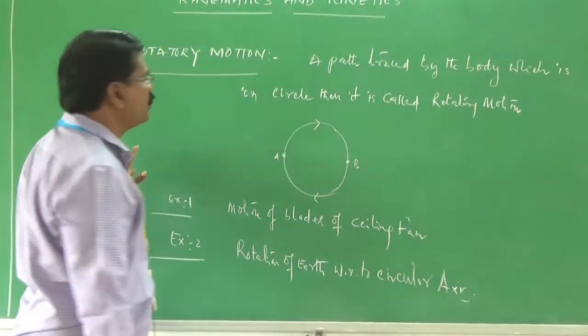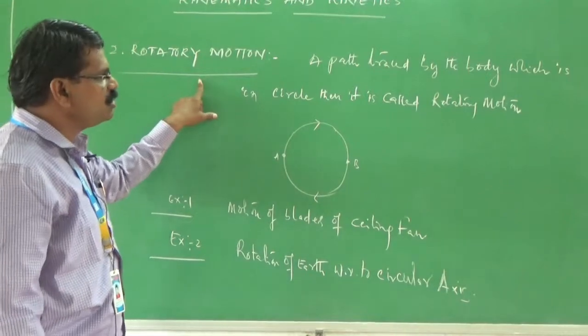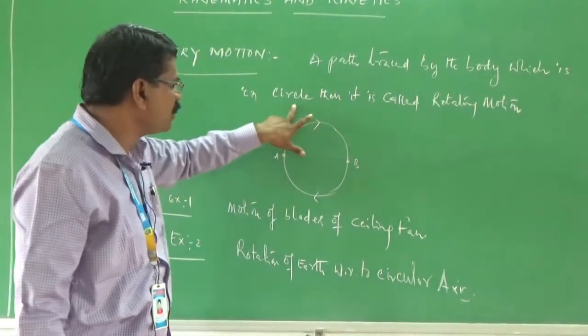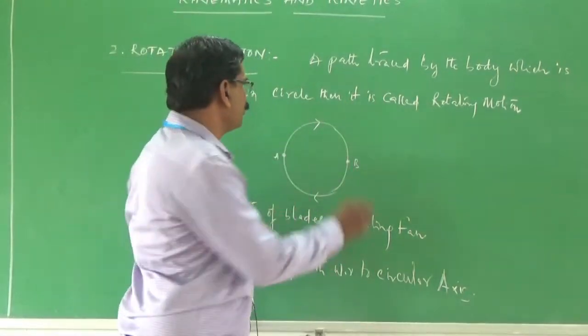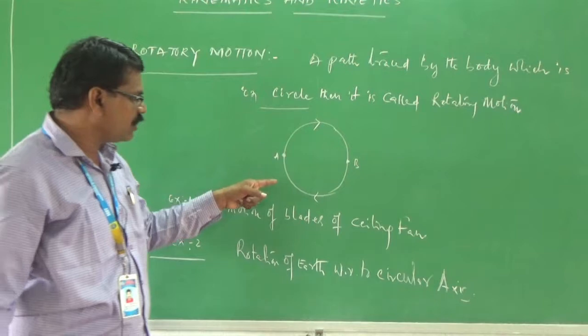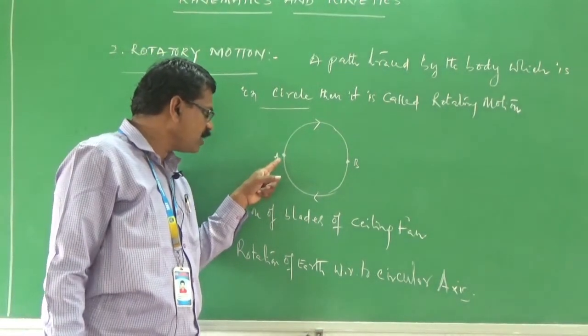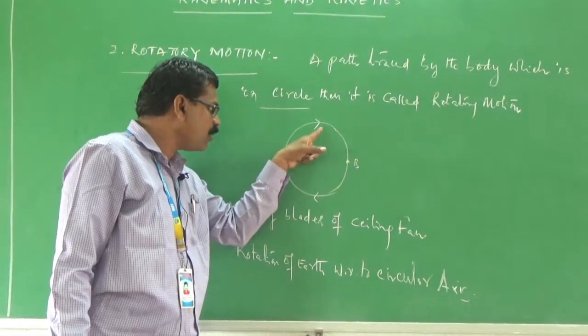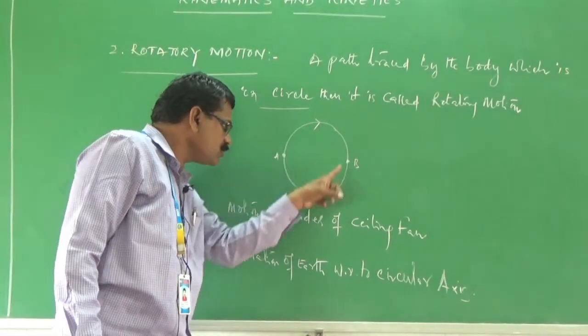As I told you very clearly, rotatory motion is defined as a path traced by the body which is in a circle. If you see this diagram, the body started at a point A and it moves towards the point B in clockwise direction and it continues like this.